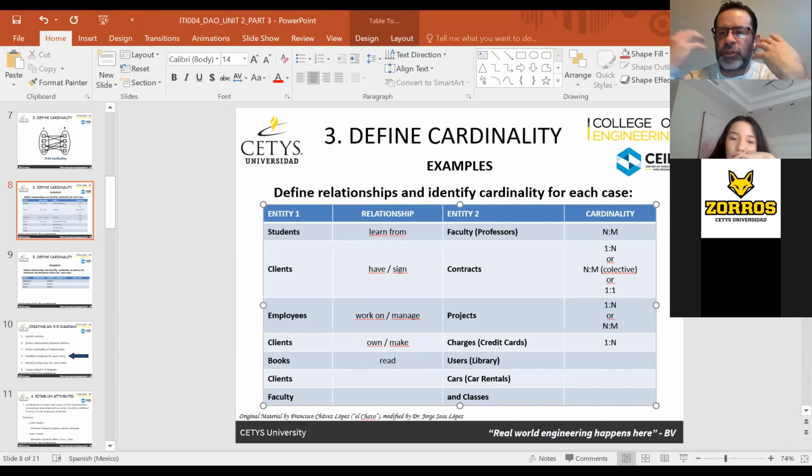So the verb is to read. Let's think about any book in the library. That book could be read by many users at any time, and a user could read many books. So that's the logic you established for the many-to-many, right? Yes. Okay, that could be a correct approach.